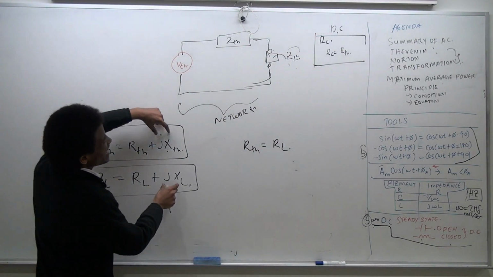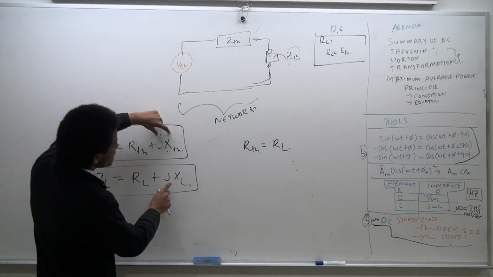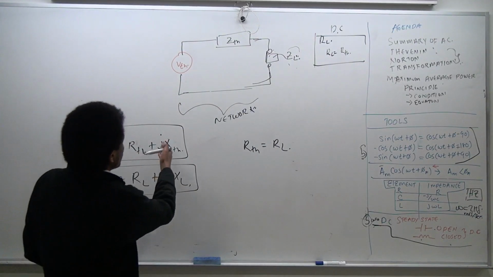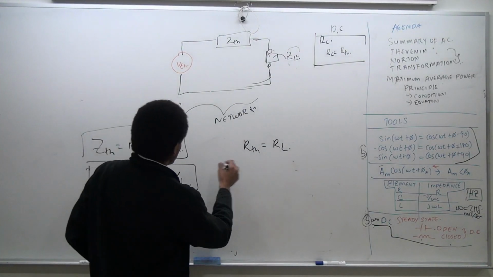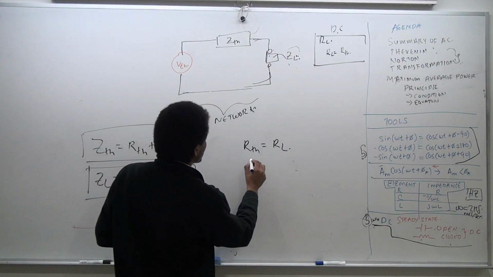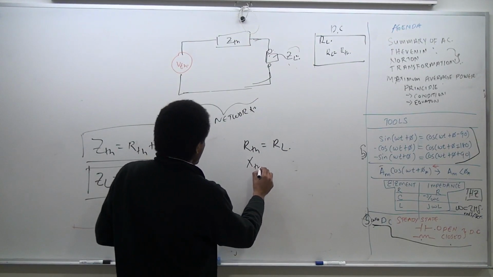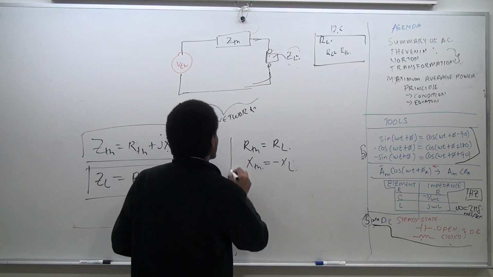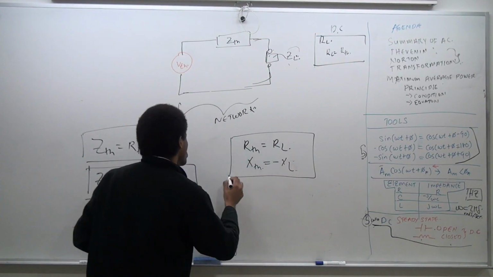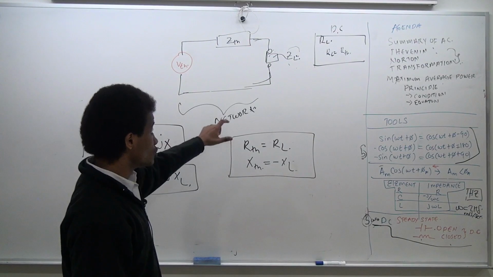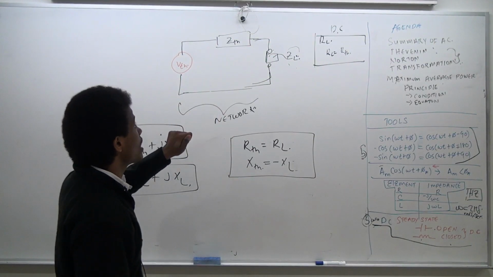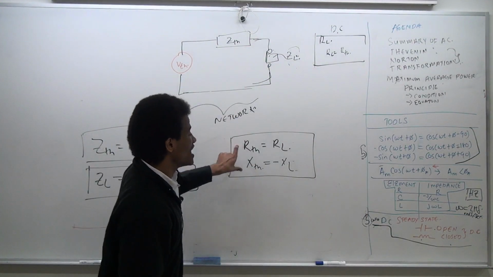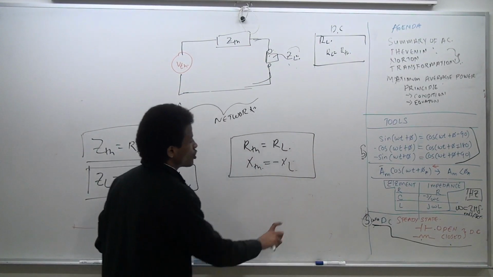So we have to consider the reactance, which was 0 under the DC case, but not anymore. So what is it? If you do the optimization problem, you find out that X Thevenin is equal to negative XL. This is the optimization condition required to draw the maximum average power from a network. Under this condition, you can draw maximum power.